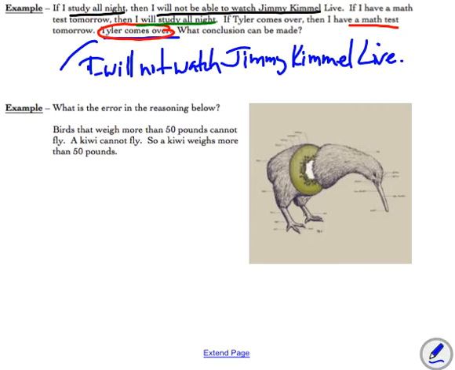So the idea here is that the conclusion doesn't really imply the hypothesis in this case. So here we have a kiwi cannot fly, but if I take a look at the statement and try to work this into a hypothesis, if a bird weighs more than 50 pounds, then it cannot fly.